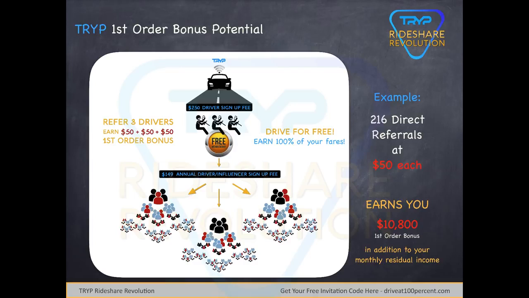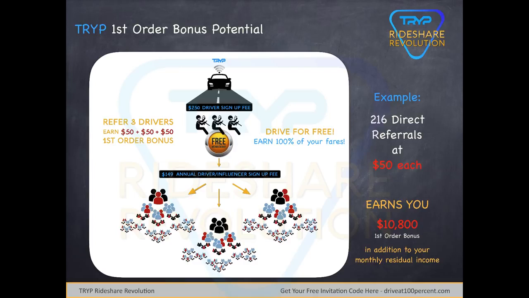And then the other thing that I really want to stress here too is this first order bonus potential. So if you look at this example here, all the red people, those are examples of direct referrals, right? So say I really went out there and I was handing out my invitation code to driver after driver after driver. Maybe I did some other things, organized a group to bring in drivers.